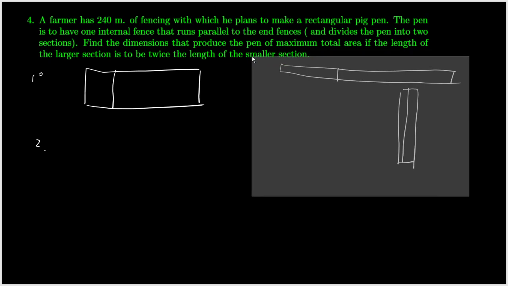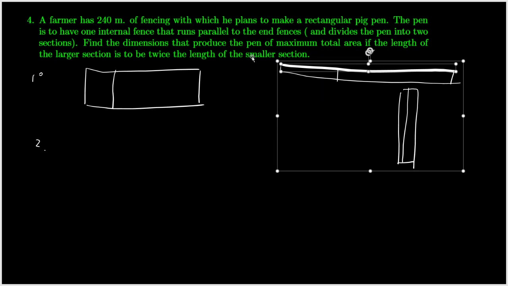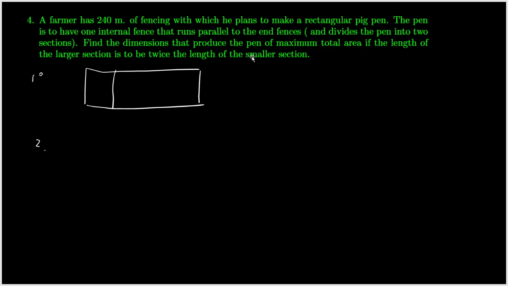Now the question is, we are looking for the size of the two rectangles so that the area is the largest. When he does the fencing, he wants the area to be the largest, so it can hold more pigs. That makes sense? So draw a sketch.